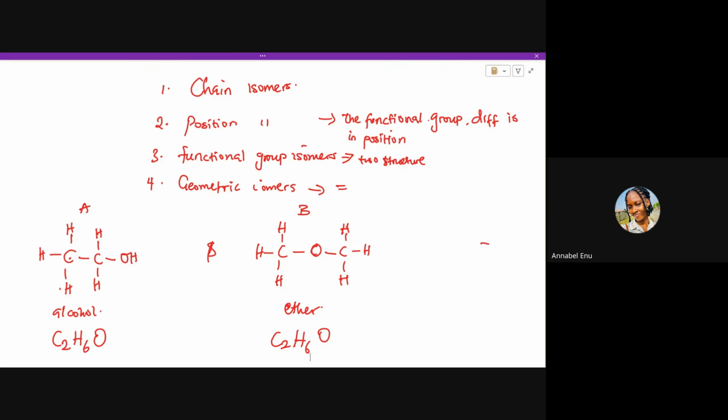So geometric isomerism has to do with spatial arrangement of the group surrounding the double bond. Remember I said it has to do with double bonds, alkenes usually. So for this geometric isomerism, we have what we call cis.